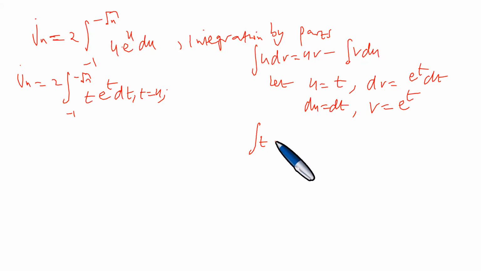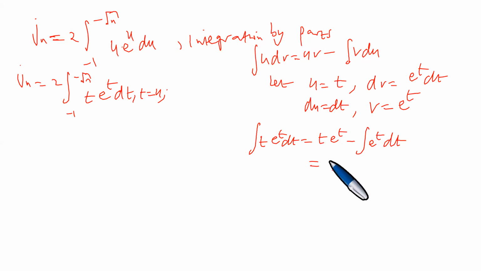Where is dv? Where is u? And v. So we have this. Now this is Jn.